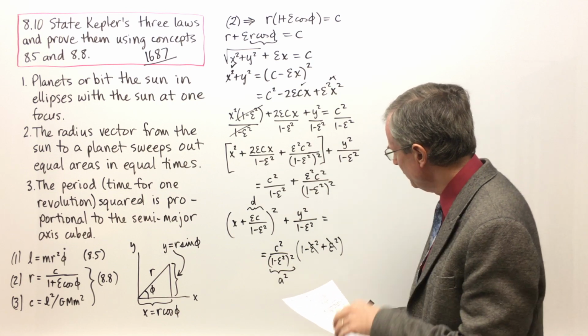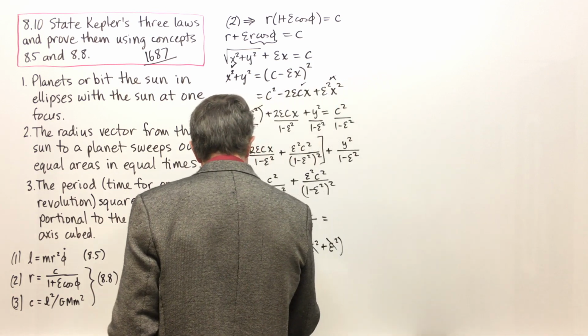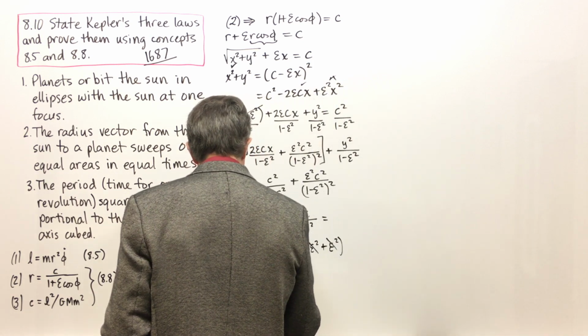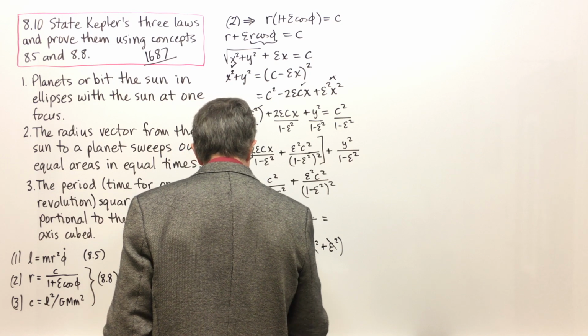And then we're going to define a b in just a second. So a is going to be defined as c over 1 minus epsilon squared.